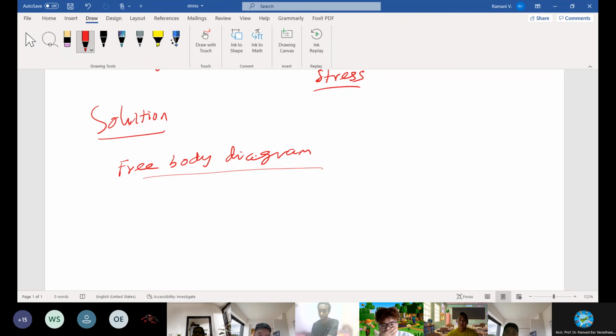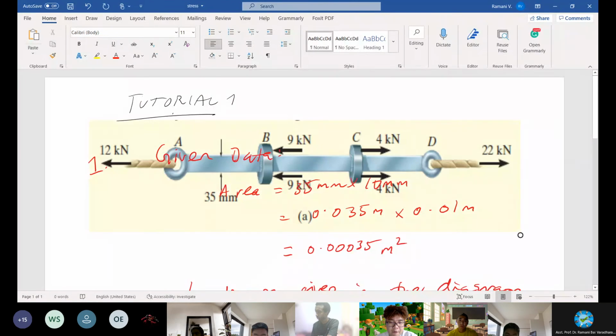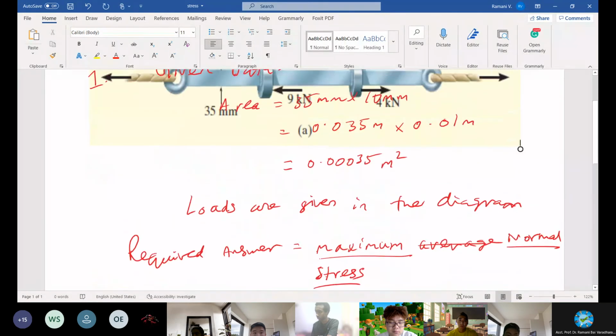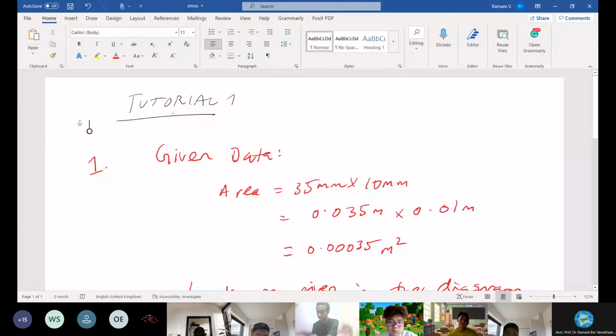Wait, I copy and paste the structure here. Okay, good. Come on, we are doing this structure member. Where do I cut? Right. This is our.